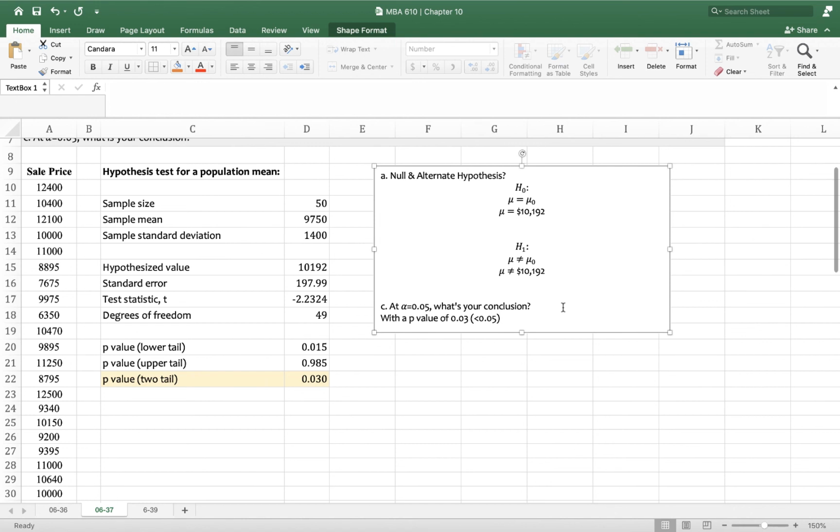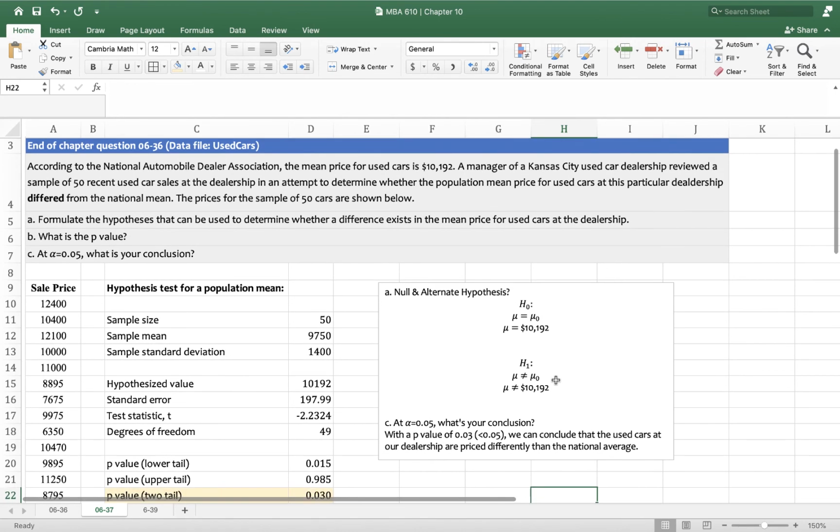We compare it to our alpha. We can conclude that the used cars at our dealership are priced differently than the national average. Period.